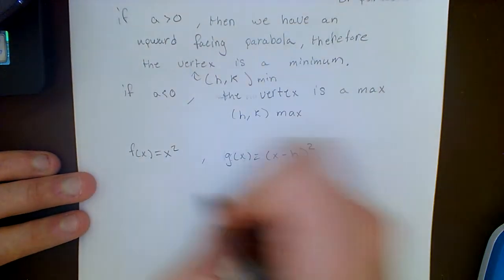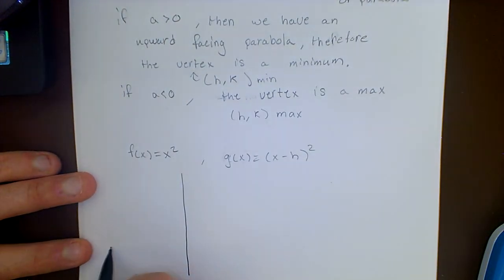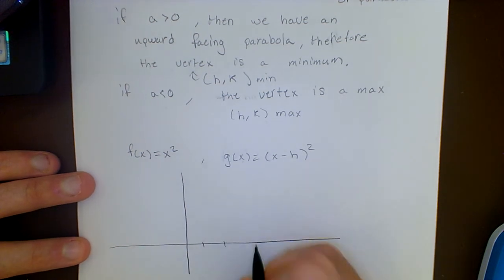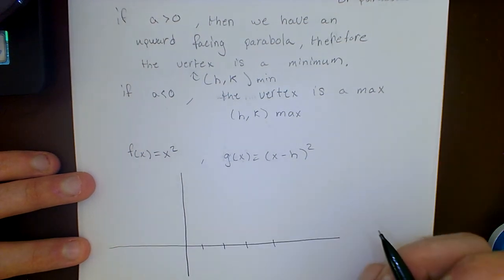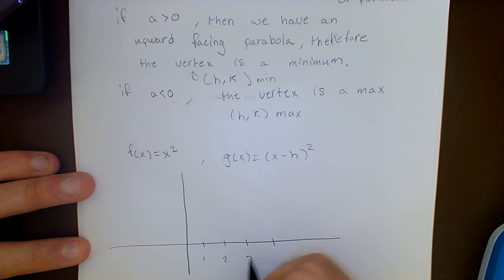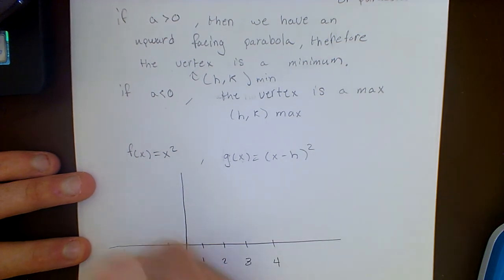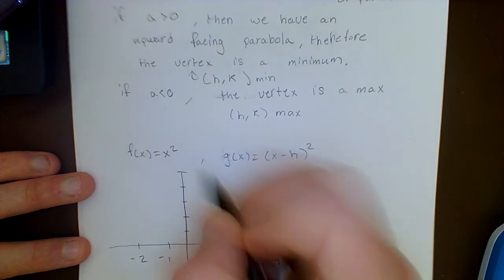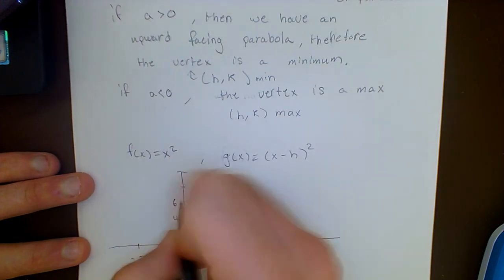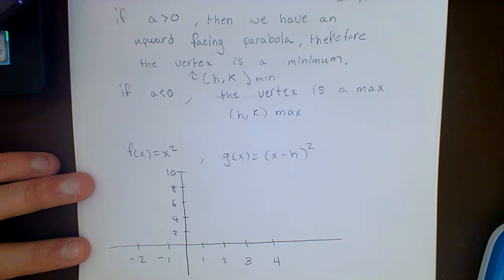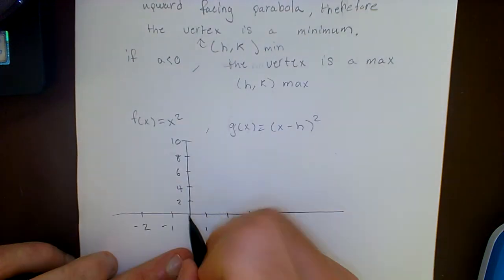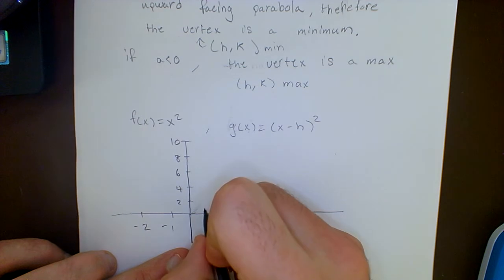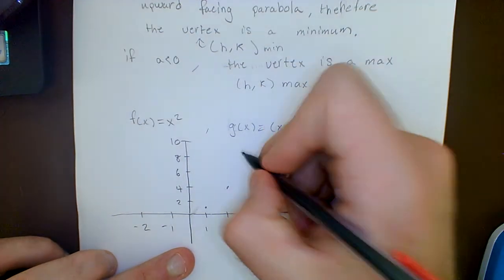Okay, so if I draw these two on one coordinate plane here, again, here's 1, 2, 3, 4. So 2, 4, 6, 8. Okay. So remember, if I draw the original function here, just draw some dots real quick.